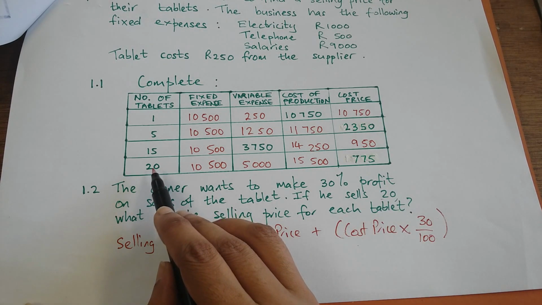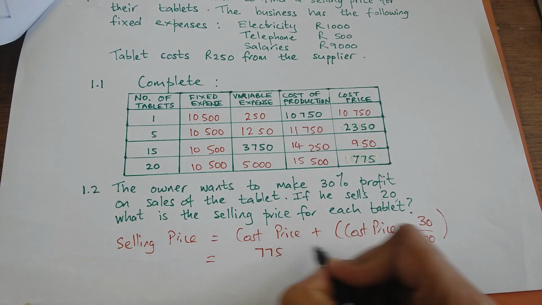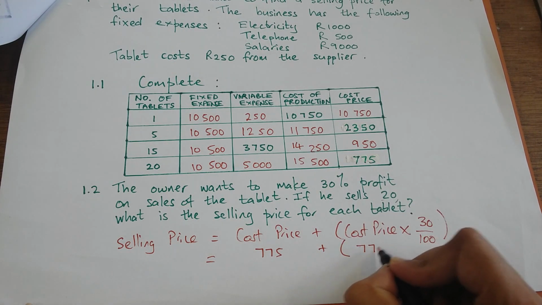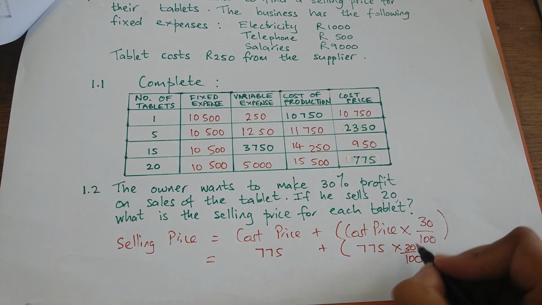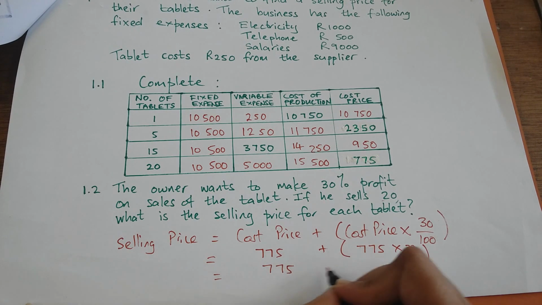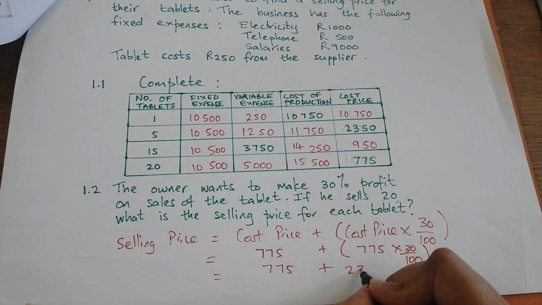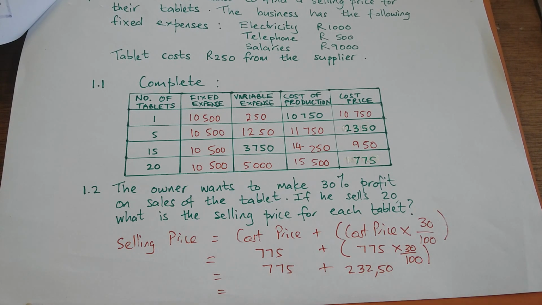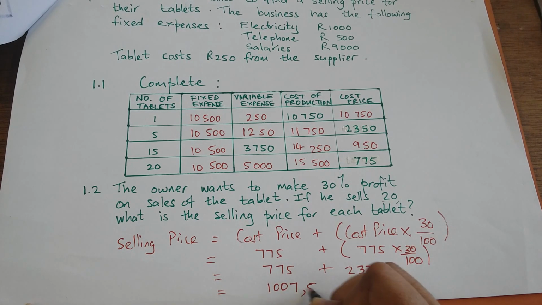So I go to 20, I go across, cost price 775. Again, I substitute for cost price 775. I multiply it by 30%. So I'm going to get 775 plus 30% of that value gives me 232,50. When I add this up, I'm going to get 1,007,50.